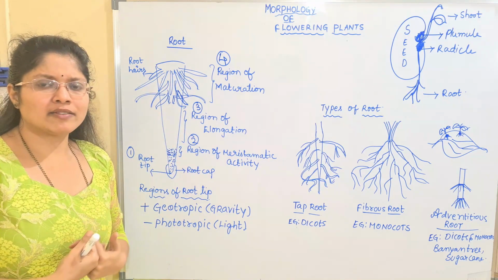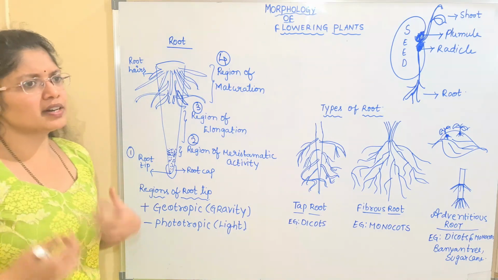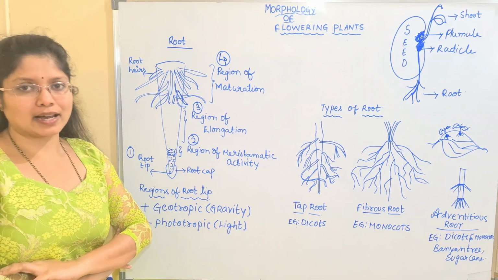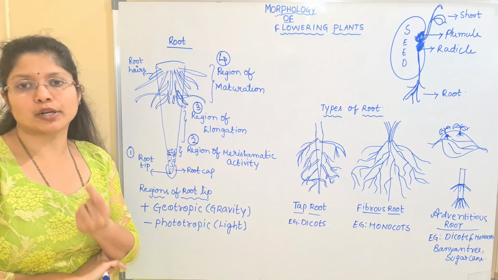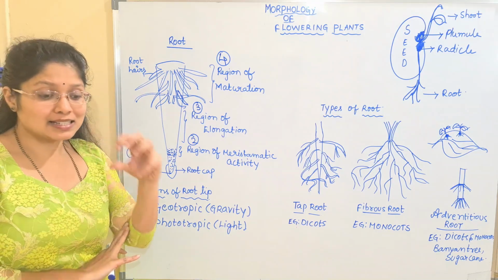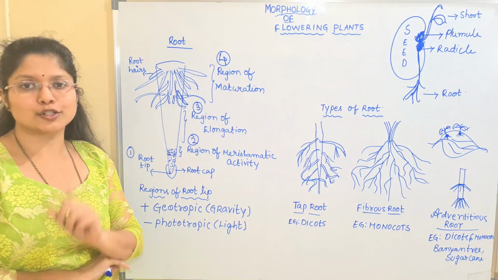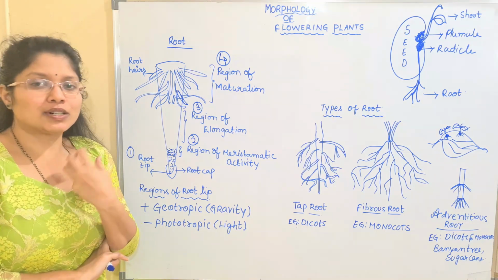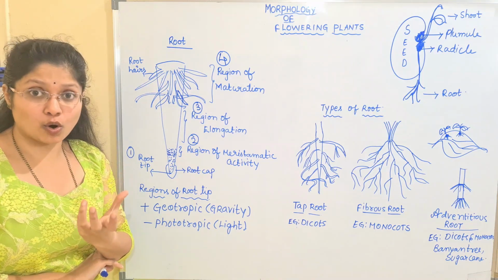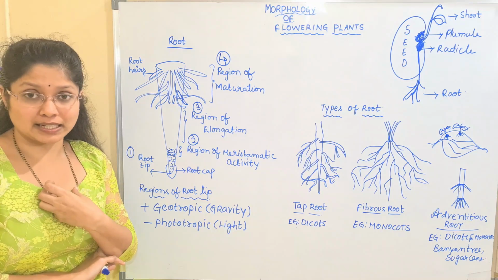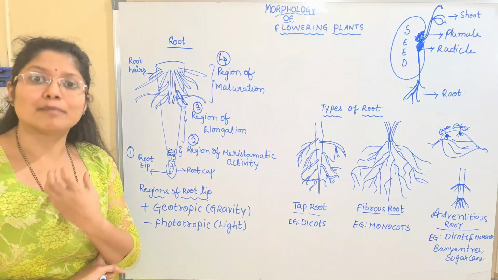Maturity means that there will be different kinds of cells produced inside organisms, and each and every cell has to be destined with a particular function, and this destiny of that particular cell is known as differentiation. What is it known as? Differentiation. Till then they are very young, they don't have any responsibility, but once they mature, they will have certain responsibility, and that is known as differentiation or maturation.